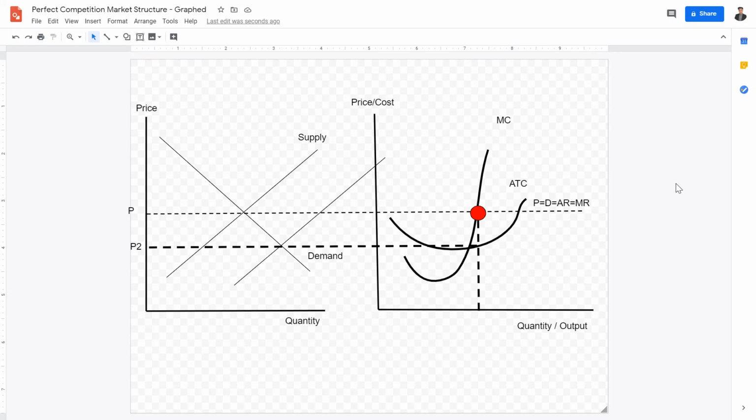This causes supernormal profits and subnormal losses to be eliminated, causing the break-even point to occur in the long run.